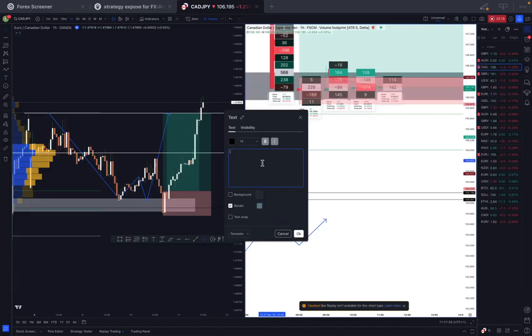All right. So zone trading rules. Rule number one: wait for price action at any price range. Number two, anticipate breakout.